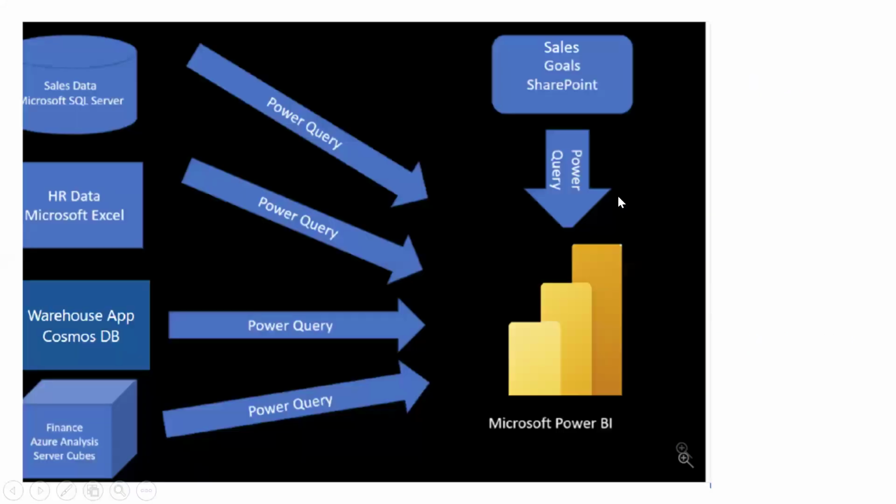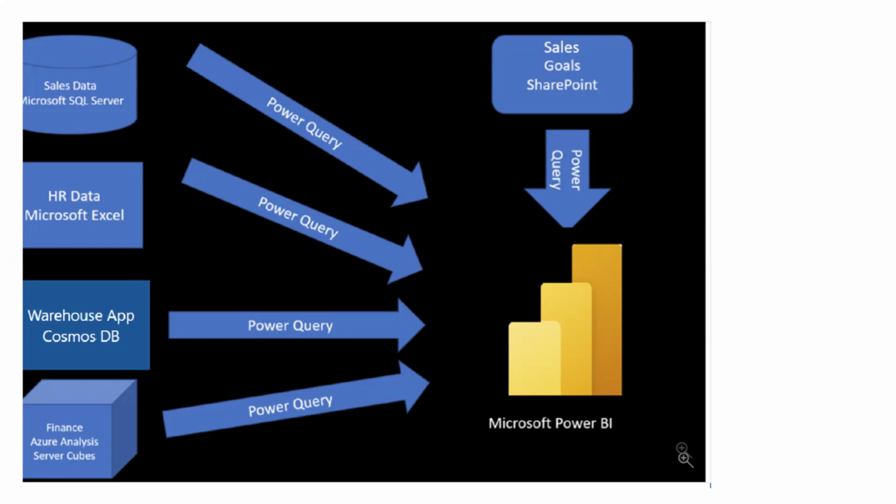So you also need to look into the sources of data, where you're going to get the information from, that is sales data, Microsoft SQL Server. You can also get from HR data, that is Microsoft Excel, then warehouse app, Cosmos DB, and Power Query.